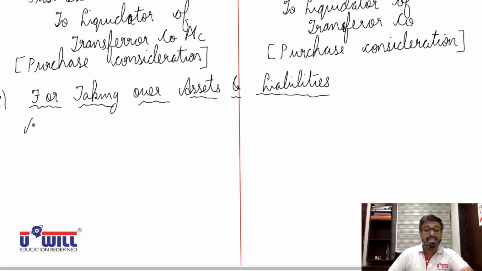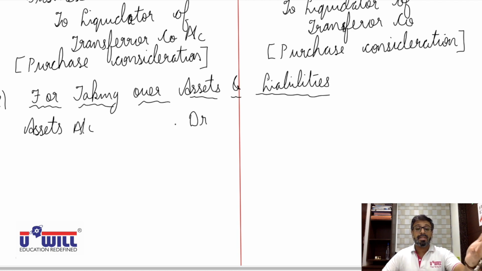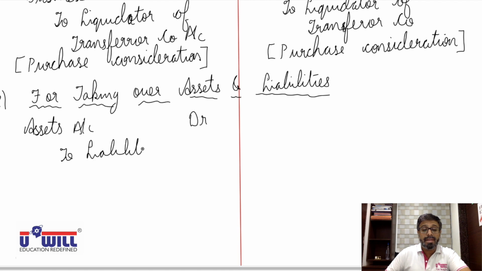Very first, assets come in, debit what comes in. So assets account debit, because the transferor company's assets now become our assets. To bring assets into AB company's books, we debit the assets account. Then liabilities also become our liabilities, so to bring liabilities into our books, we credit the liabilities account.